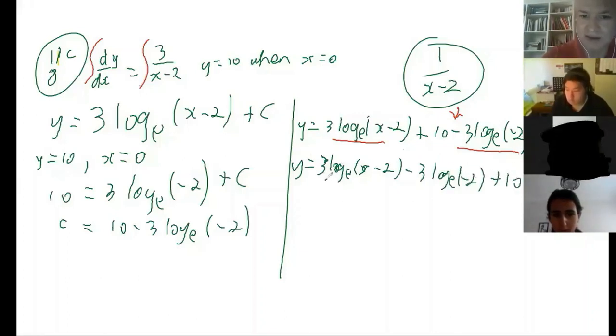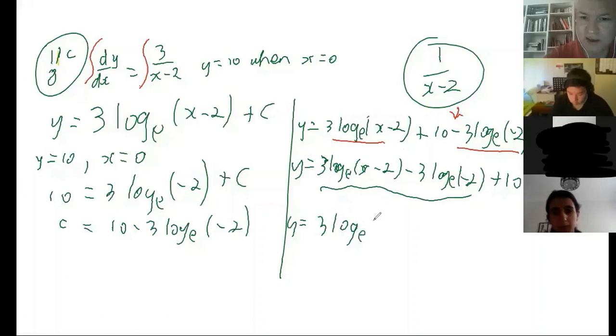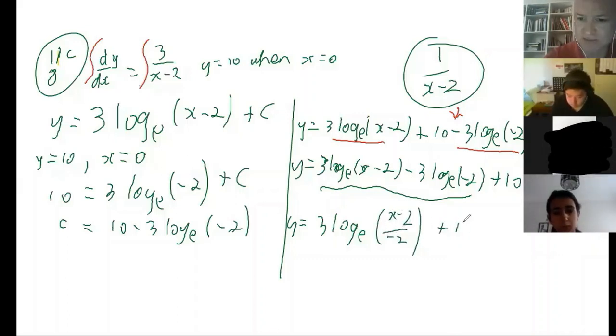So these ones I'm going to now combine. That gives me 3 log e. Because they're both the same base, I can, with the minus, divide. So I get x minus 2 divided by negative 2, plus my 10.